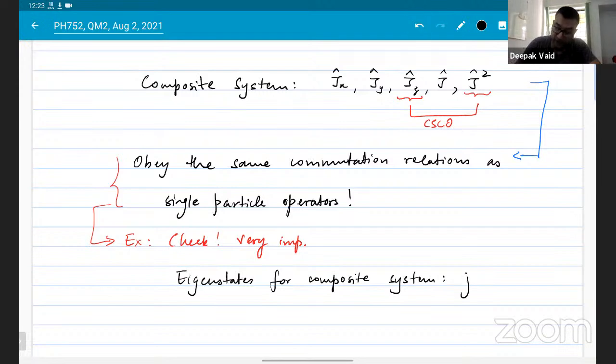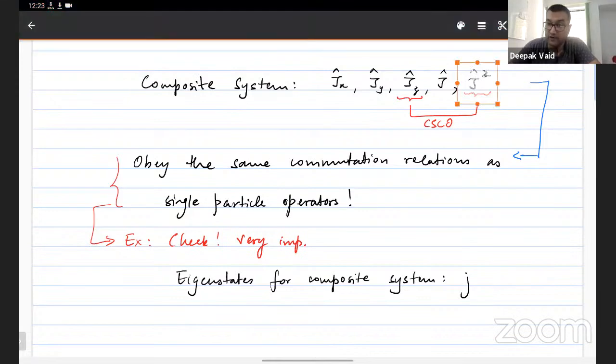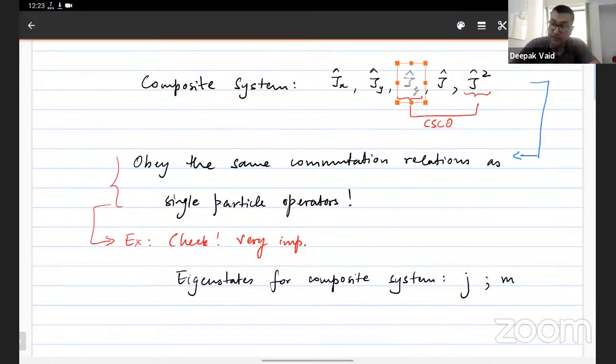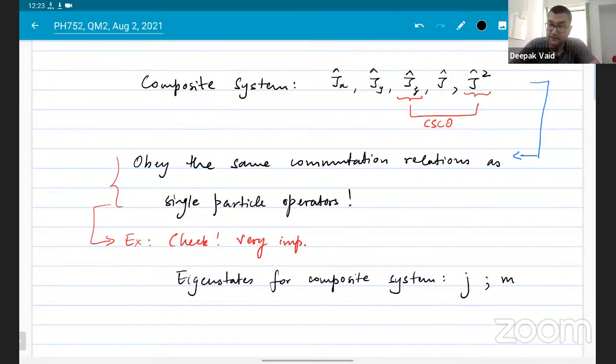You will get one j. What is j? J is the eigenvalue of J square. You will get one m. What is m? M is the eigenvalue of Jz. But now remember, you have the individual particles also, so these are the total angular momentum.